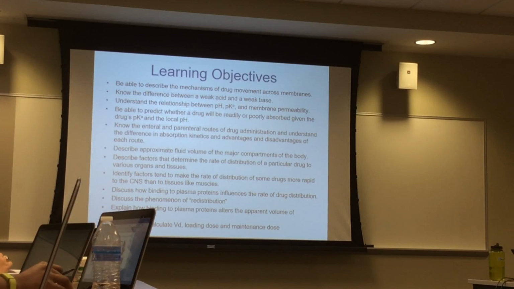And also describe the factors that determine rate of distribution of a drug across different compartments of the body, and the factors that tend to make the rate of absorption or distribution of some drugs more rapid than others, and what decides what gets into the brain or the CNS versus not, and how binding to the plasma protein may affect the binding and distribution of drugs.